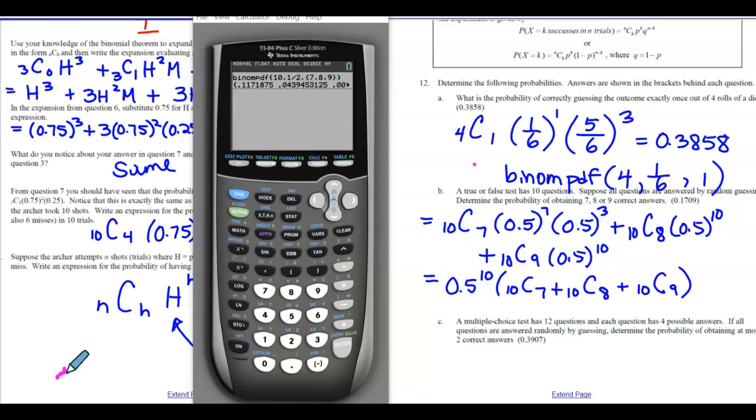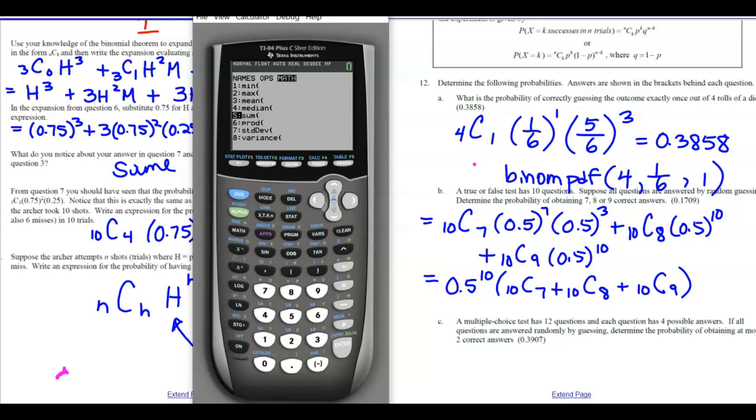What this would be, that would be, that would be. Okay? You can sum those. You don't have to copy them out and add them together. What you can do is, it's a list of values. So go second, stat, and we're going to go to math. So often we go to math here, we're going to a different math, and you'll see sum. So you can do that for a list.